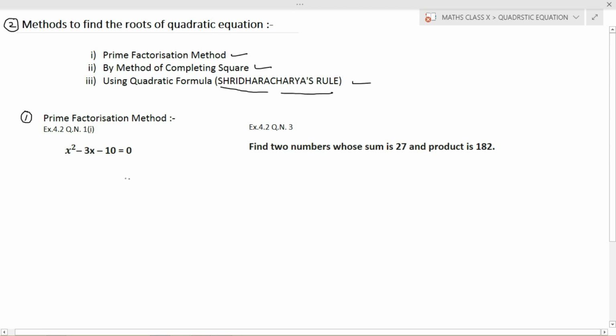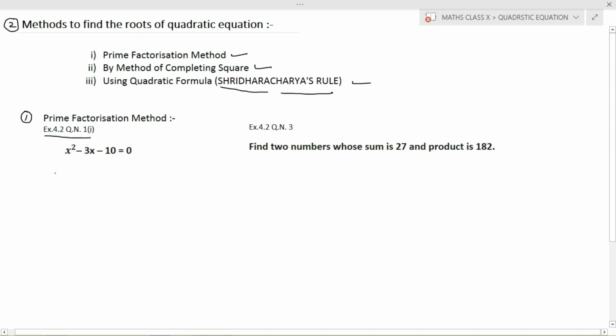An example I am taking is from your exercise 4.2, question number 1. Your question is x square minus 3x minus 10 equal to 0. You have to solve this equation and find the value of x, or we can say find the roots of the equation.